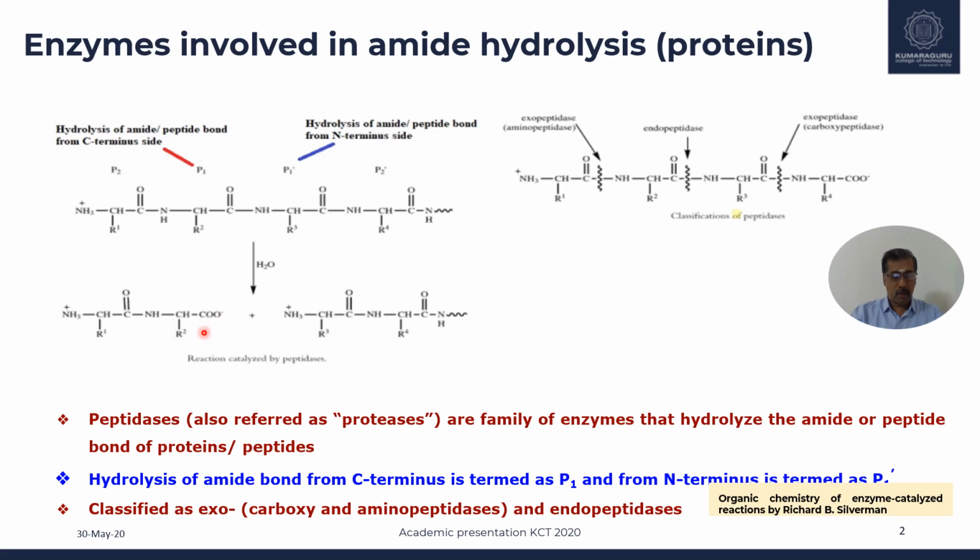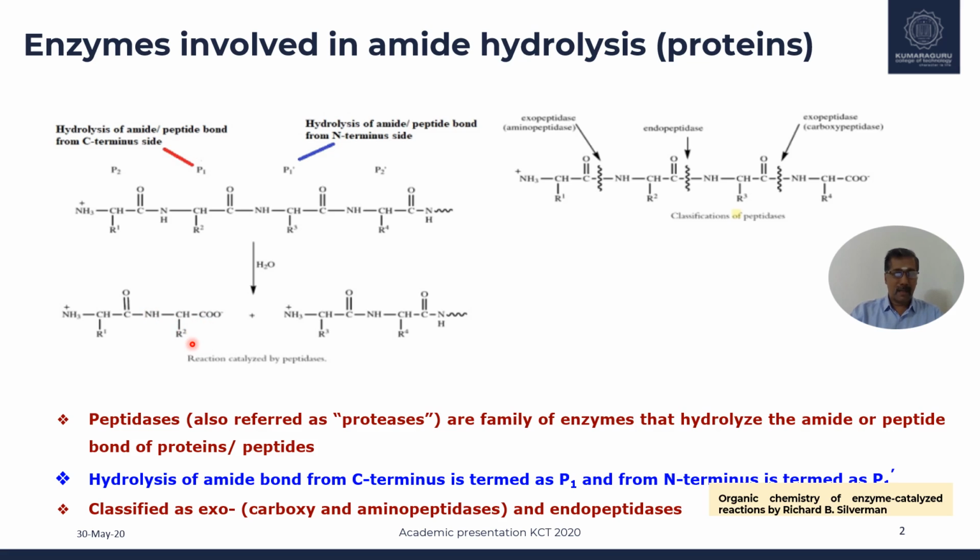So the carboxyl group belongs to this amino acid 1, the amino group belongs to amino acid 1. Now this carboxyl group should belong to this amino acid, and the amino group belongs to this amino acid. So assume this is R1 and R2: the amino group and carboxyl group belong to R1, the first amino acid, and the amino group and carboxyl group belong to the second amino acid.